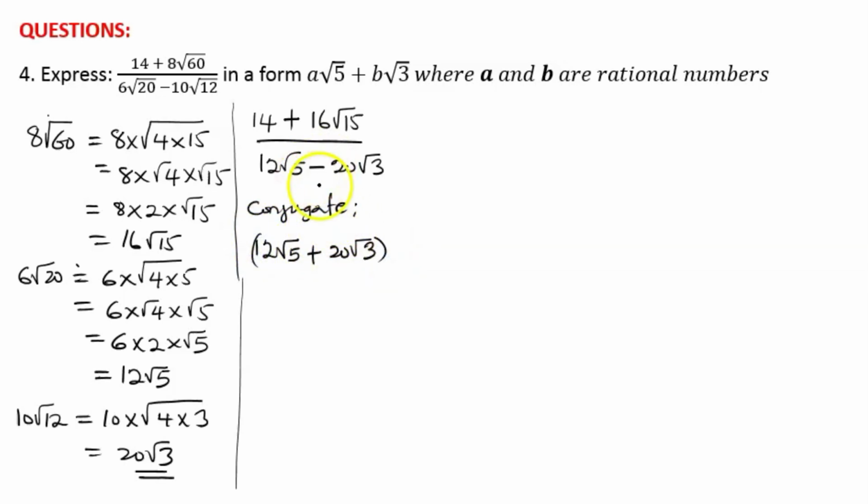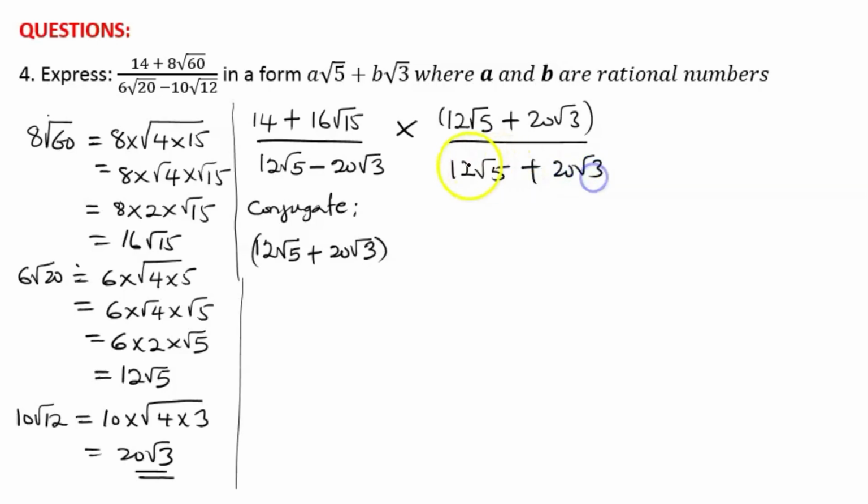It's simply changing the sign in between the two expressions. So we now multiply the numerator and the denominator by it. So we have 12 root 5 plus 20 root 3, divided by the same thing, 12 root 5 plus 20 root 3. Okay, so these are going to multiply this.